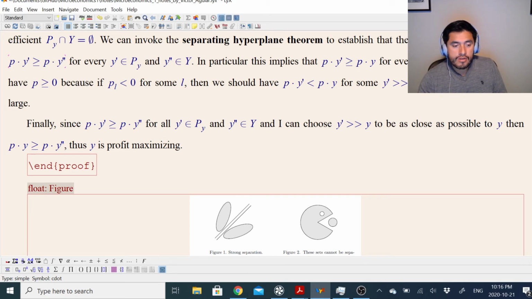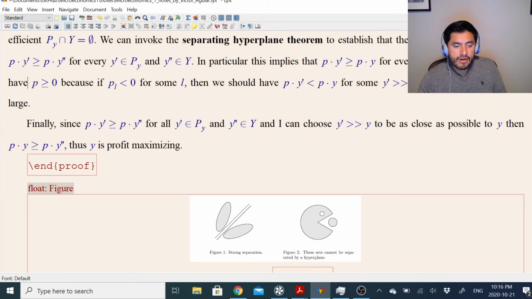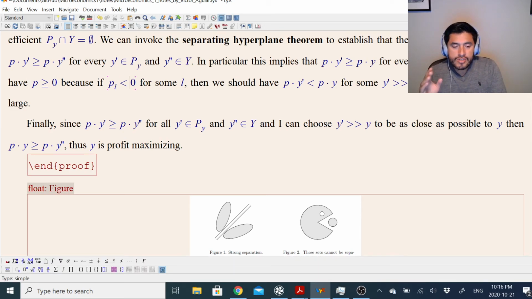So now we have to have that prices are greater than or equal to zero. Because imagine one entry is negative for some good, given that all the entries here are greater than or equal, and you have that one price is negative, then you will have that the multiplication is less than p times y for some y prime such that y_l prime minus y_l is sufficiently large.